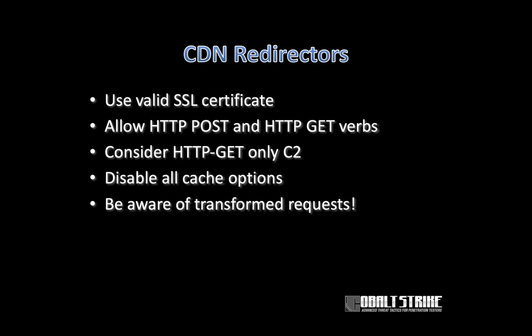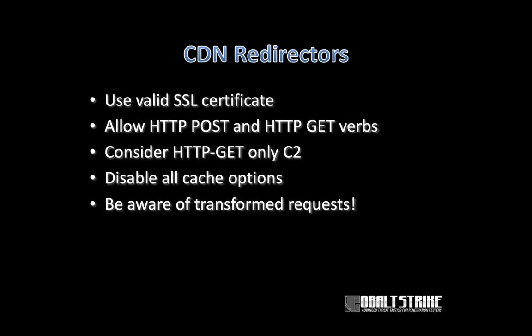Next, in case you're having trouble, consider configuring your Malleable C2 profile to use HTTP GET to both download tasks and send data back to Cobalt Strike. We will talk about GET-only C2 in the next lecture. I also recommend that you disable all cache options to make sure there is the best likelihood of the redirector allowing the request to pass through to your Cobalt Strike server.